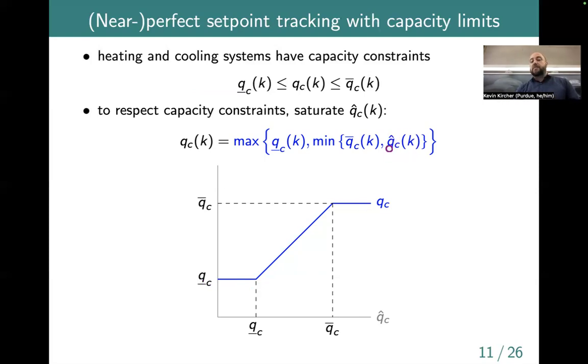This Q hat that showed up from the previous equations, the amount of cooling that would be needed to exactly track the set point, maybe it's -5. We're way down here, and the blue curve here would actually just be at 0, rather than being down at -5. And similarly, if we raise the set point to 1 million, we would not be able to provide that much heating. The most we can provide is whatever we can push out of the radiators in the room. And so we would saturate above at Q max.